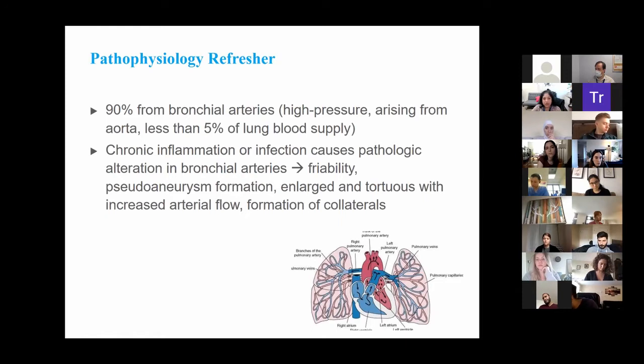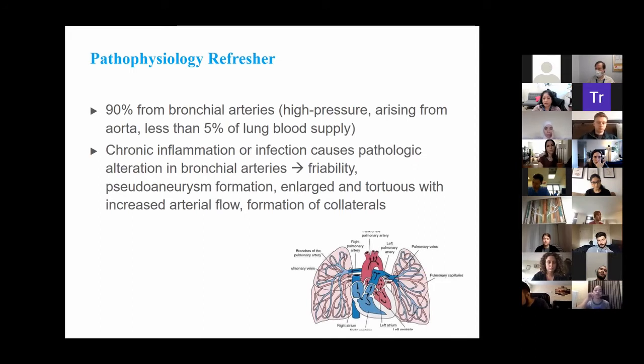These are all patients who have some reason to have chronic inflammation or infection. Over time, that inflammation really leads to pathologic alteration in the bronchial arteries. They become more friable. Some of them develop pseudoaneurysms. They can be distended, enlarged, and tortuous.